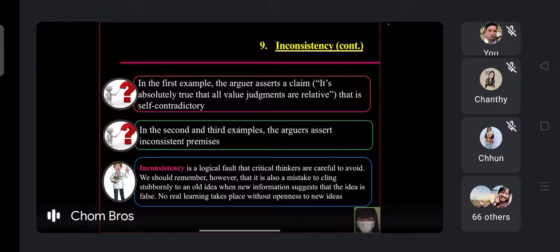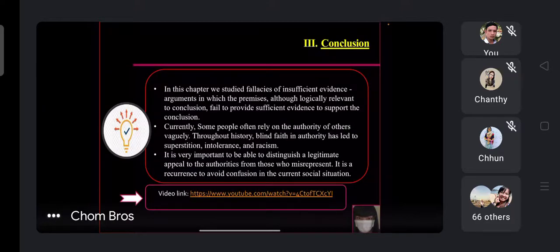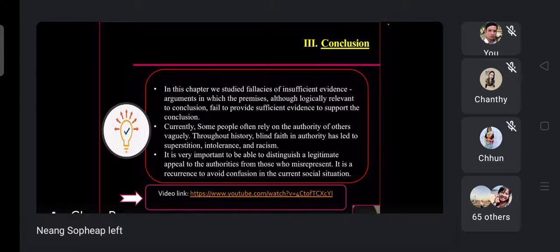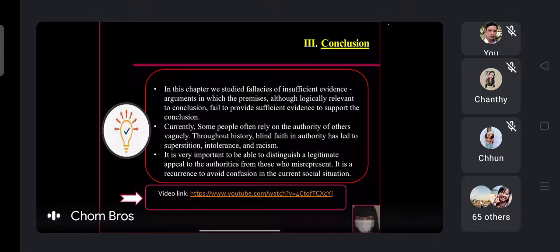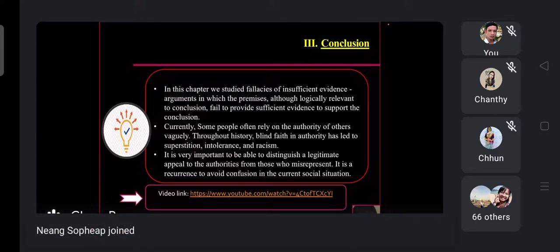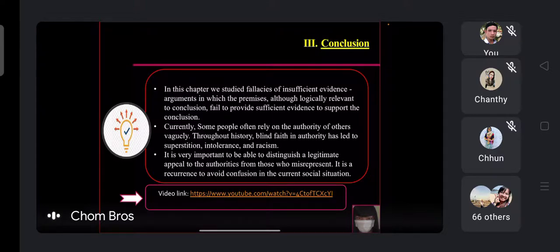No relearning takes place without openness to the new idea. And the next is about the conclusion. In this chapter, we will study fallacies of insufficient evidence, arguments in which the premises are logically relevant to the conclusion but fail to provide sufficient evidence to support it. Currently, some people often rely on the authority of others.